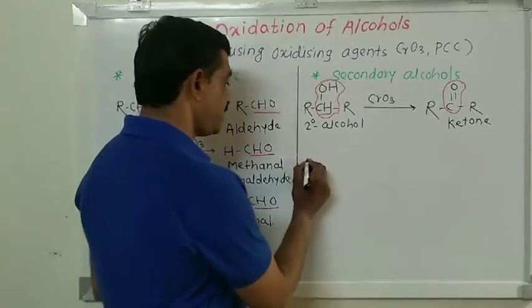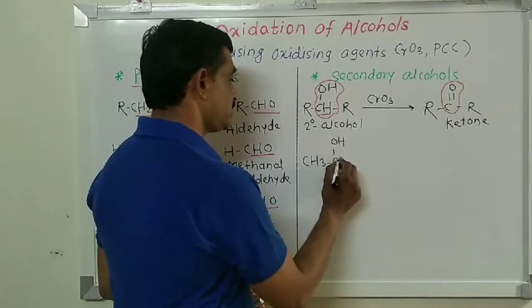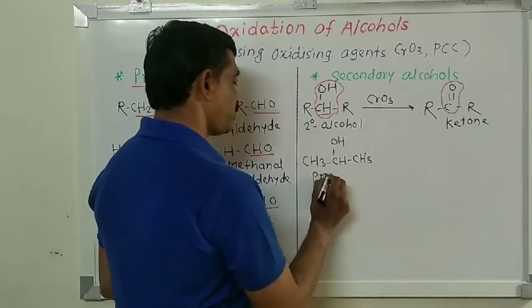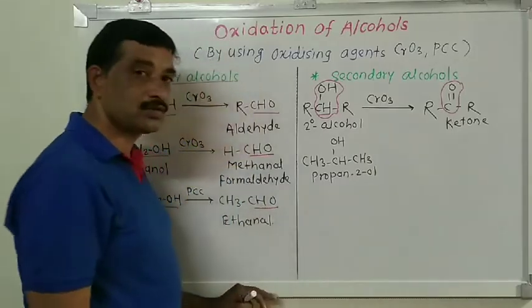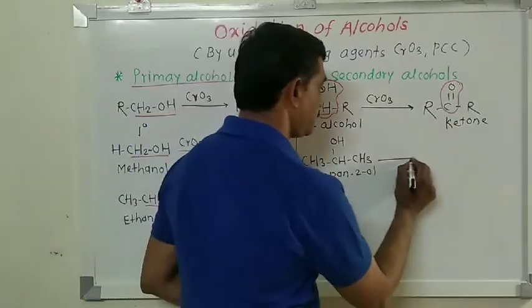Here we consider an example like this: CH3CHOHCH3. It is propan-2-ol, or we also say isopropyl alcohol.